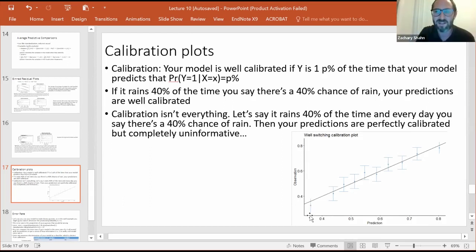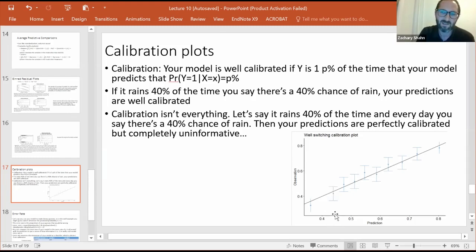What does the calibration plot tell you? For each point on the x-axis, that corresponds to a decile. It's saying for the decile of predictions centered at that point. So basically, for all the observations where you predicted about 0.45 probability that y equals 1, taking those observations, what proportion actually had y equals 1, and that's the y-axis.